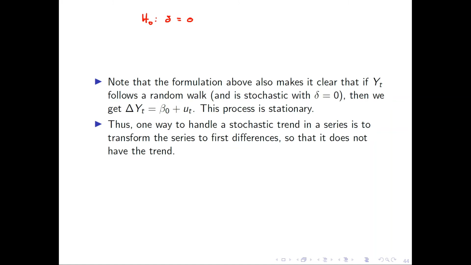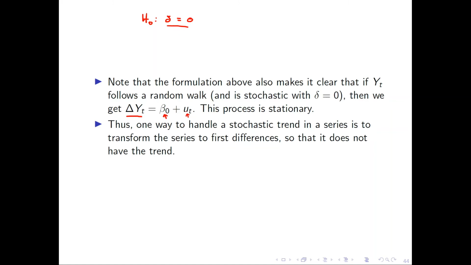If delta is equal to 0 and we have a problem in the process of yt, then we can just continue with the difference, and the difference is now equal to the intercept, which is a constant, plus the error term.